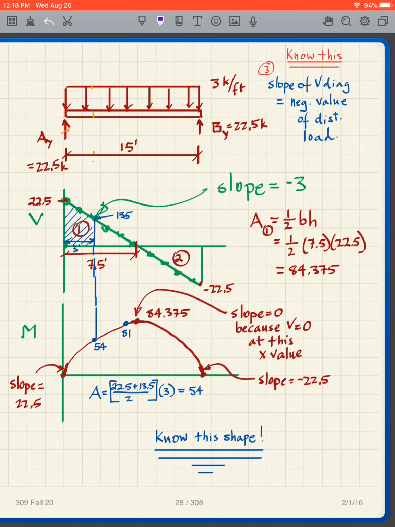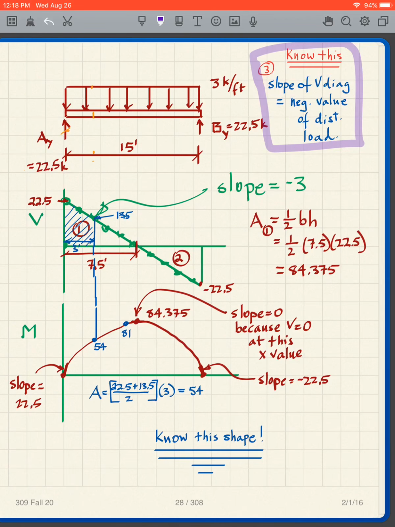All right, now, we're going to learn one new thing from this. So what does this illustrate? Now, I'm going to do the derivation later, but for the time being, what I want you to know, and we've sort of verified this, is our third rule: the slope of the shear diagram equals the negative value of the distributed load.